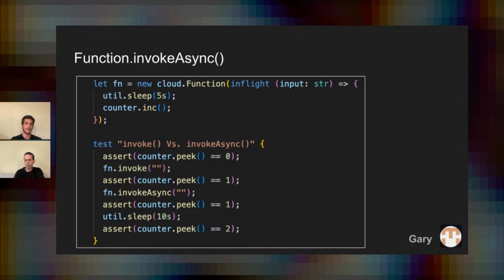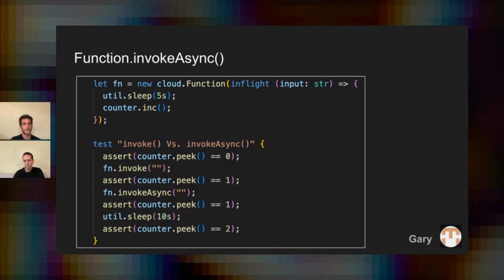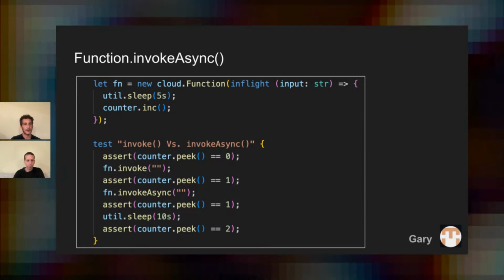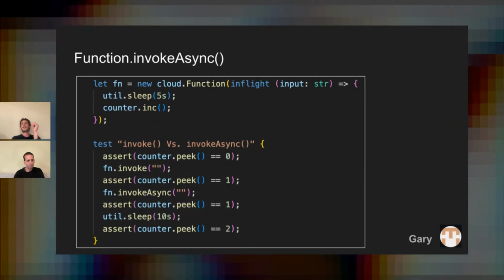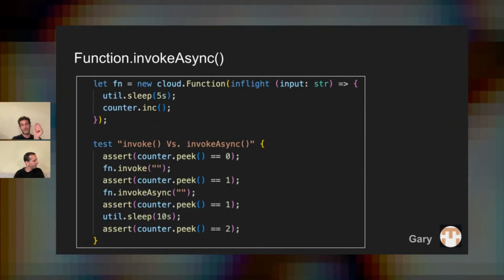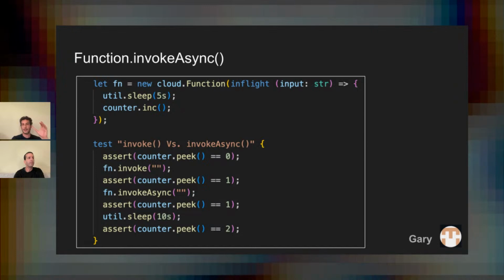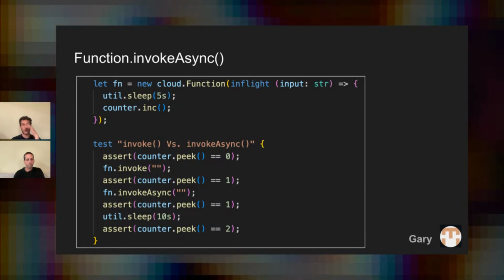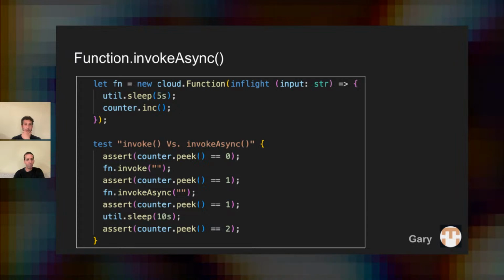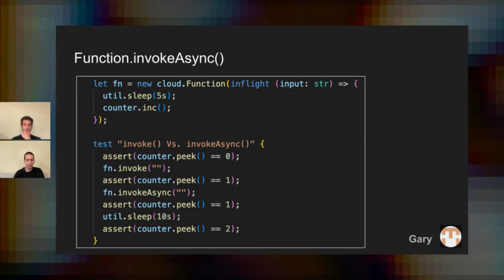What's the difference between calling invoke async and defer invoke? I think there's a difference, but I'm not sure what it is. I think Chris once told me what the difference is, but I can't recall. Awesome. Okay, we'll have to bring him on the next show.